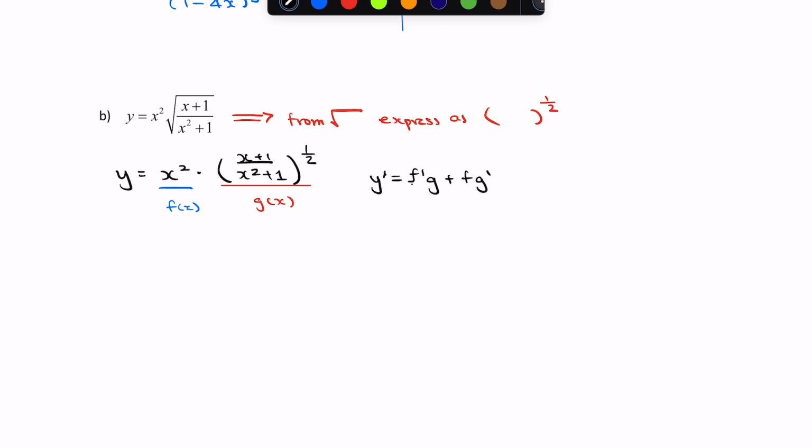Okay, so here, the first thing we'll do is f prime. The derivative of x squared is just 2x.